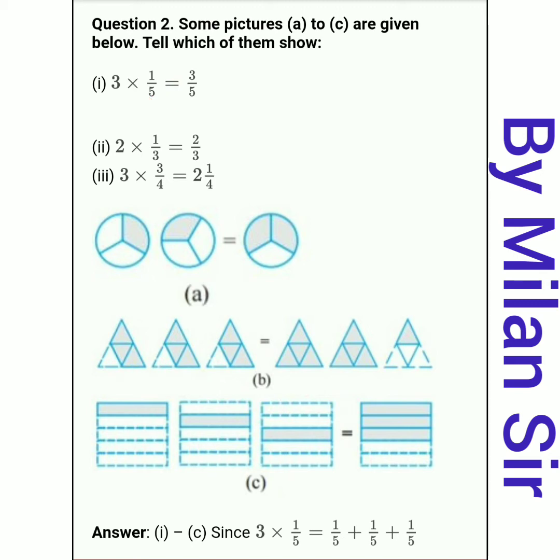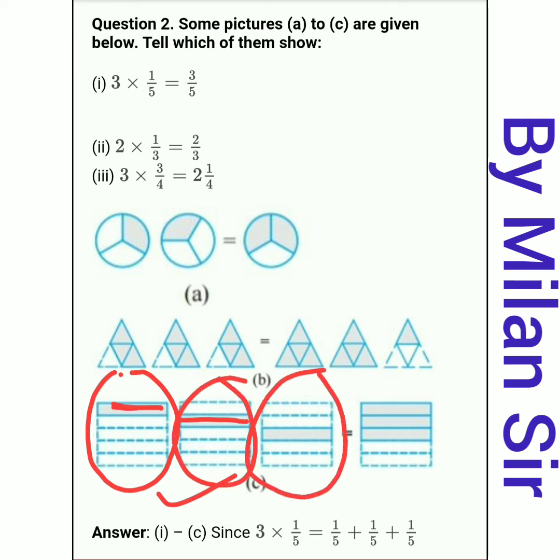That is present in option C. Total number of parts 5 and 1 part shaded in each. So option 1 is matched with option C.